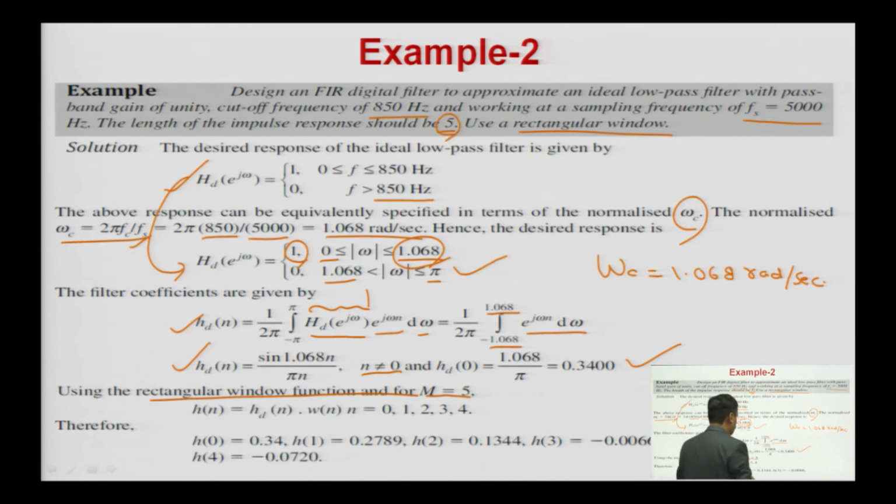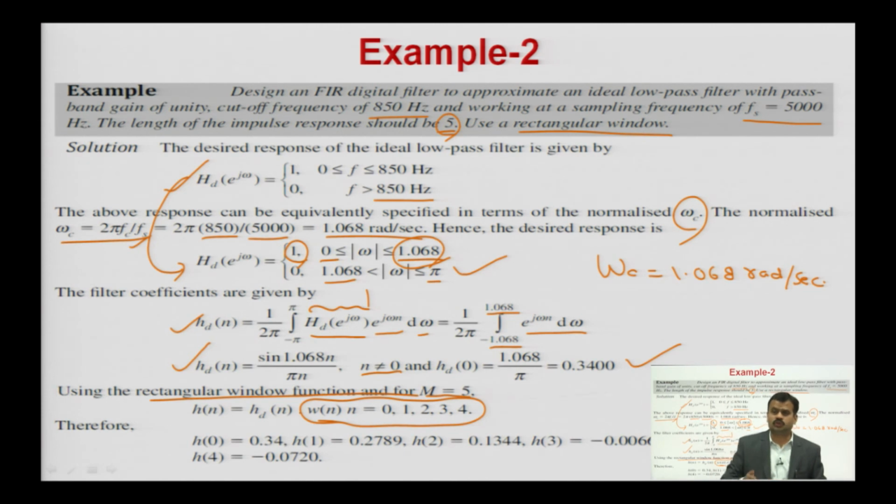So, your window function will lie from 0 to 4, because m is equal to 5, the length of the filter, it means you have to take the impulse response up to the value of 5. And from 0 to 4 its value is unity, because we are using the rectangular window function here.